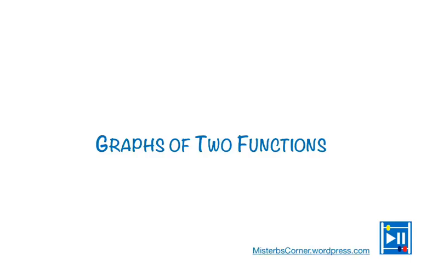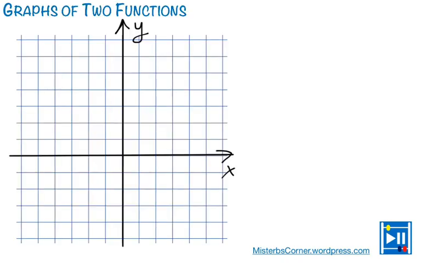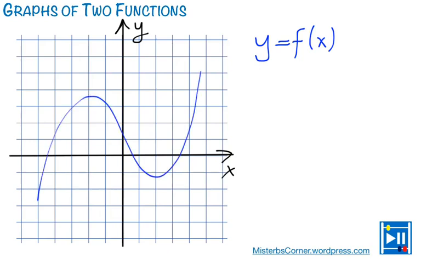Hi, in this video we're going to work on graphs of two functions and the relation with the solutions of these two. So first of all, let's remember that we have y equals f of x. This is a function and we can draw the graphs of functions.